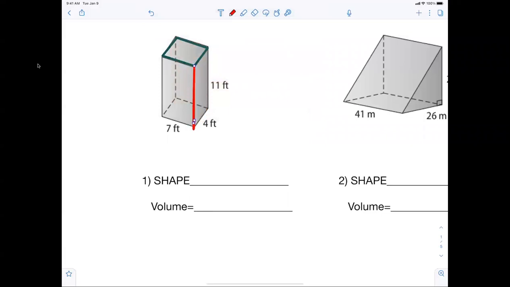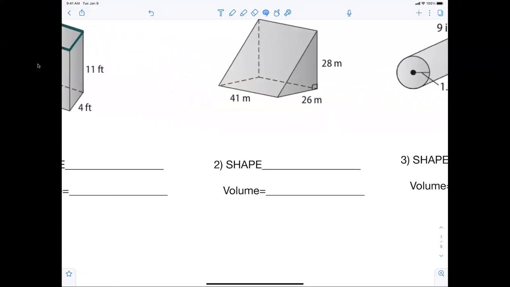This right here could be classified as the base also, because if you notice, it's parallel to this base over here. So the rectangular prism is unique because any of the sides could be considered the base. All right.